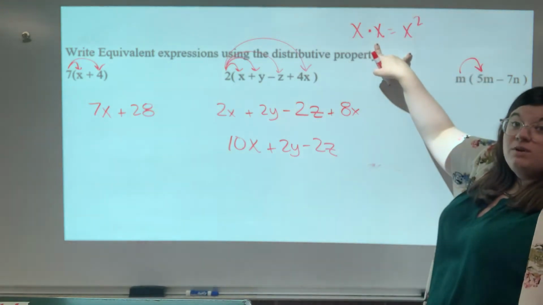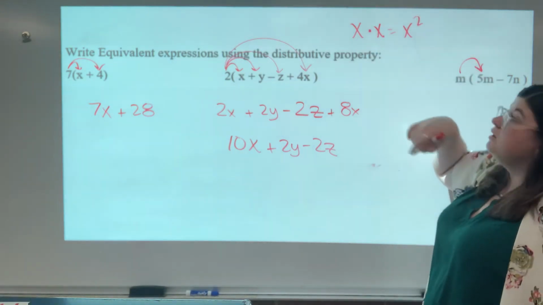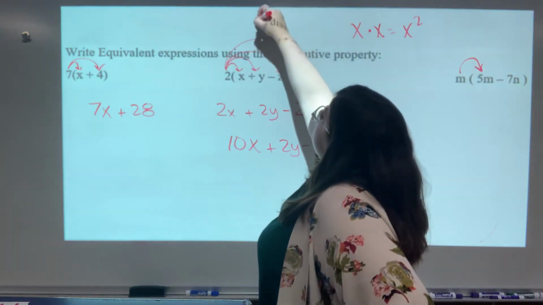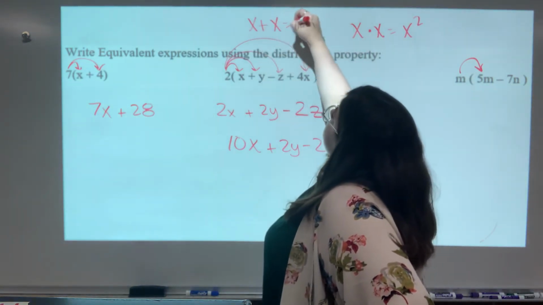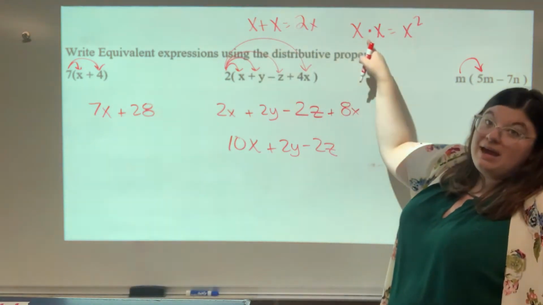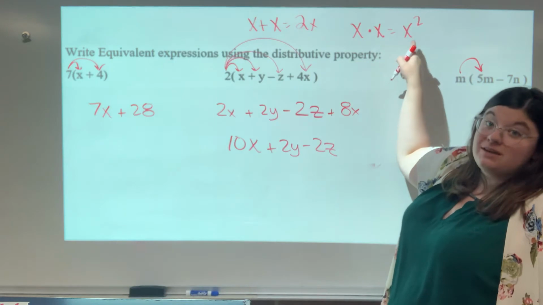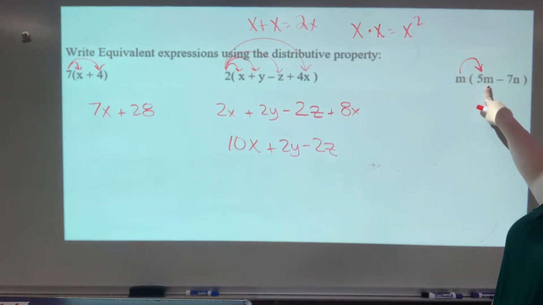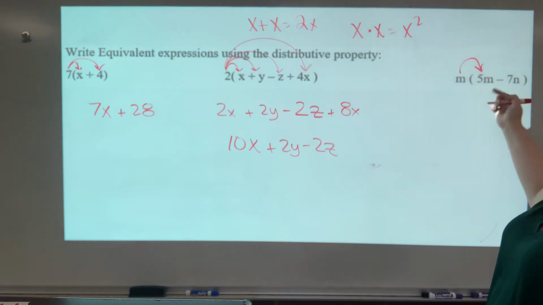This may be a note you want to get down in the margins of your notebook. And the difference between x squared and 2x is x plus x equals 2x. X times x equals x squared, all right? So since I have m being multiplied by another m, I could say 5m squared.